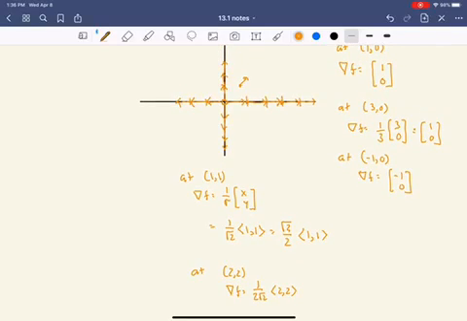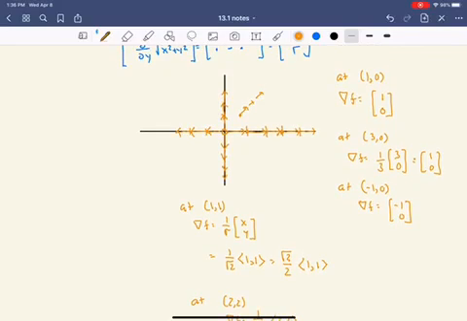So at (2, 2), it's going to be like that, a shorter arrow. So you have shorter arrows there. Okay, and you could just do this everywhere. And you'll see that the vector field here basically pushes everything away from the origin.